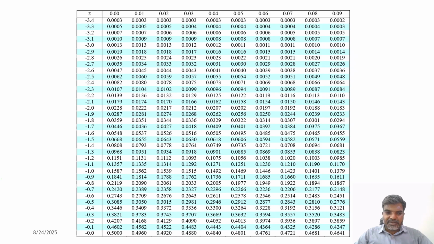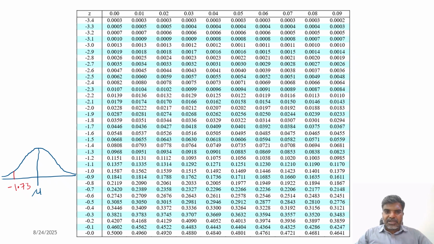Now you can see the table. This is the table for negative z values. Suppose z is negative. Here we are taking z equal to minus 1.73. You already know, if z is positive, we mark on the right side. If it is negative, we mark on the left side. So here minus 1.73 is negative, so we have to mark on the left side.